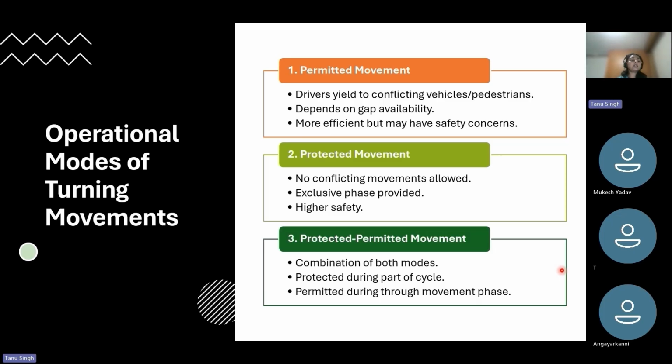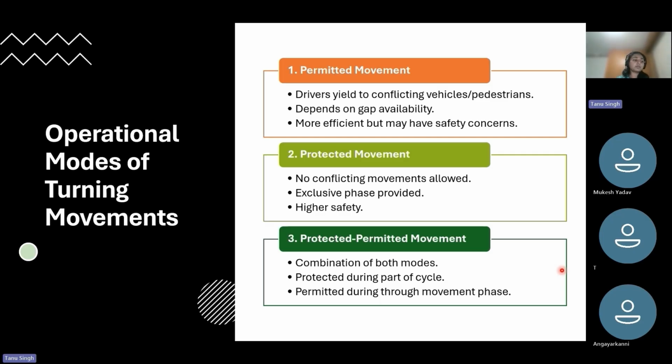Here turning vehicles are given an exclusive phase with no conflicting movement allowed. This improves safety. The third is protected-permitted movement. This is a combination. During one part of the cycle, the turn is protected. During another part, it is permitted along with the through traffic.